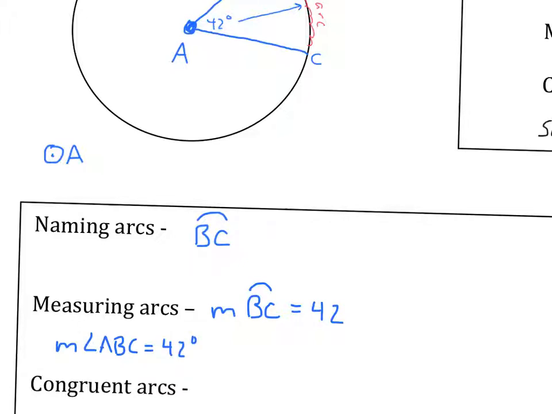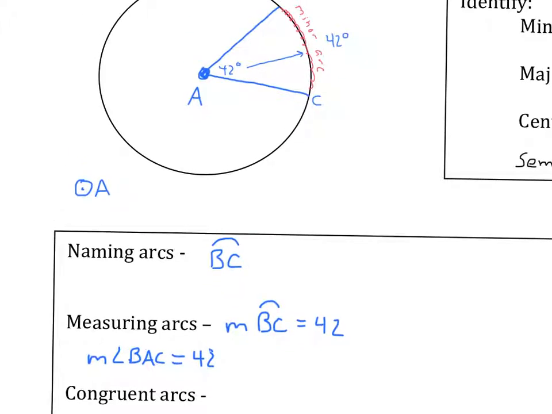Actually, we can clean that up to say the measure of BAC. Notice that's my internal, or my central angle. Since the central angle here is 42 degrees, the minor arc is 42 degrees, so that corresponds to down here as well.